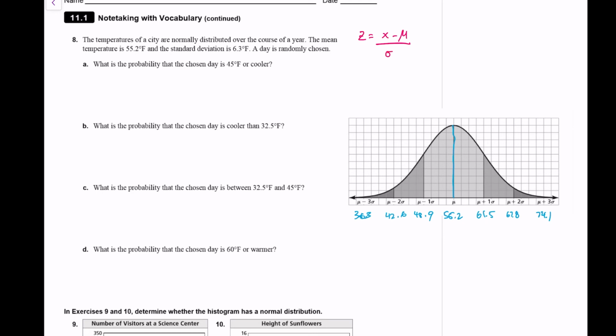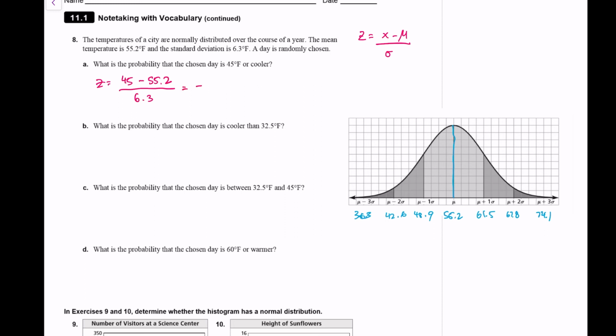Okay. So right here in this instance, they're saying that we want to find 45 degrees Fahrenheit. So let's find that z is going to be equal to 45, minus our mean, which is 55.2, and then we're going to divide that by 6.3.